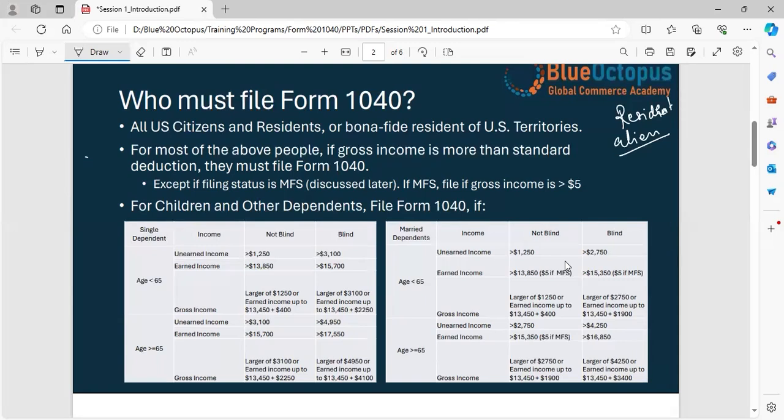So the criteria that needs to be met to become the resident or bona fide resident of the US depends on visa status.